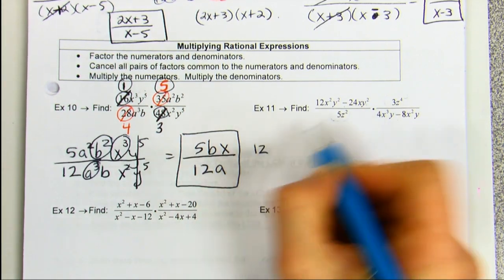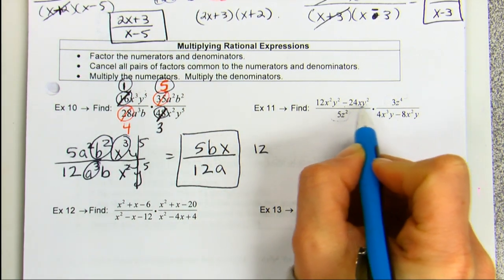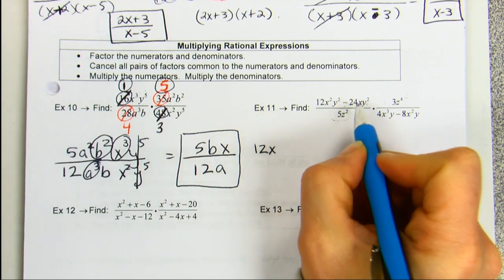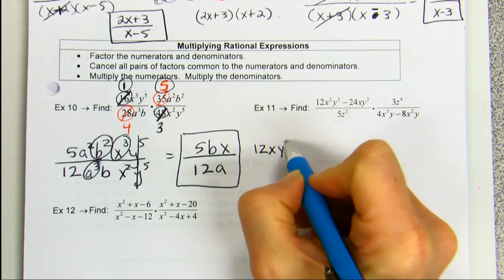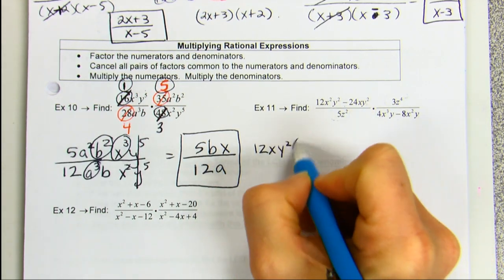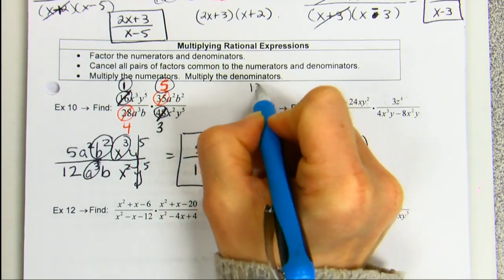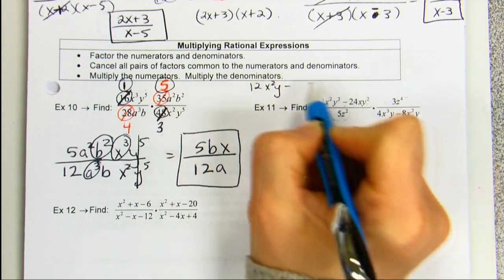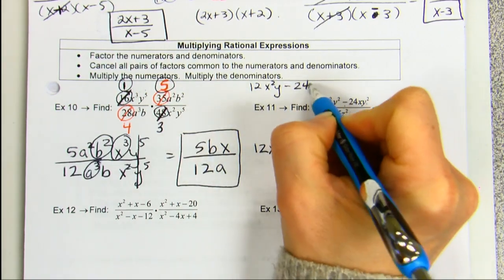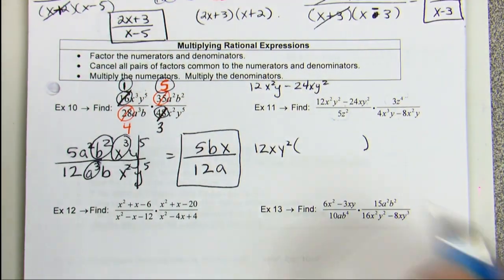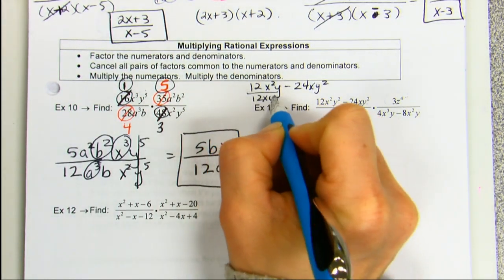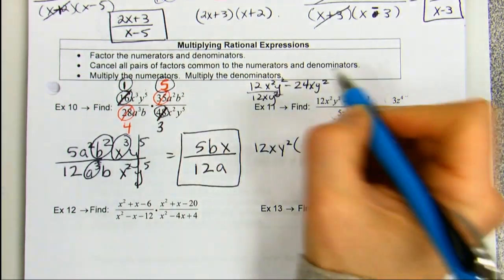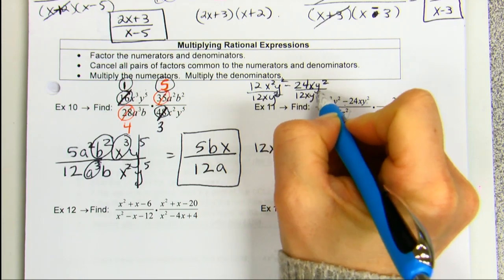I notice that 12 can go into both of those terms, and they both have x's and y's. The smallest x they have is x, and the smallest y they have is actually y squared. So we're going to factor out a 12xy squared. If you need to write this somewhere to show the division step of dividing out that GCF of 12xy squared, then please do that.